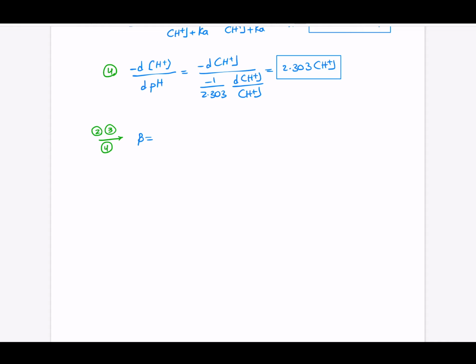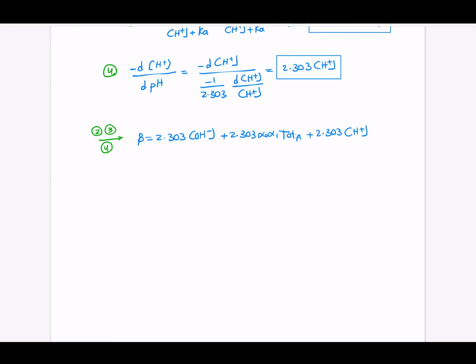Then beta is 2.303 OH minus plus 2.303 alpha 0, alpha 1 total plus 2.303 the concentration of H plus.